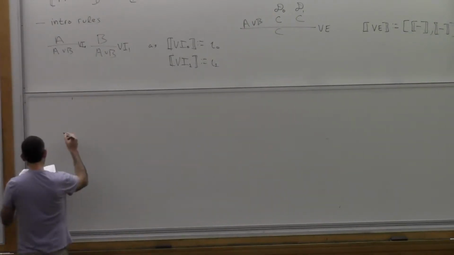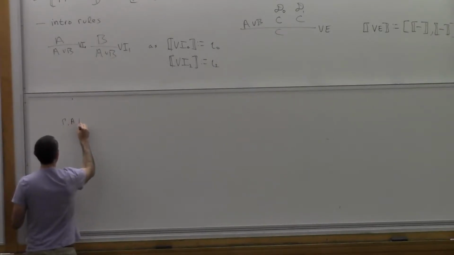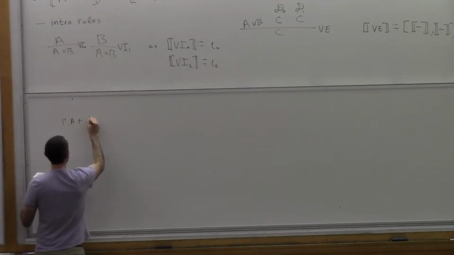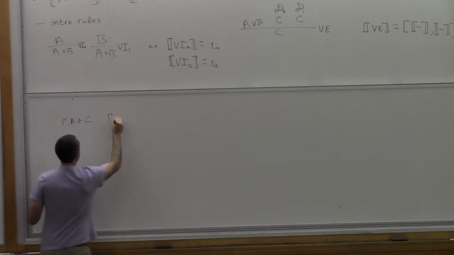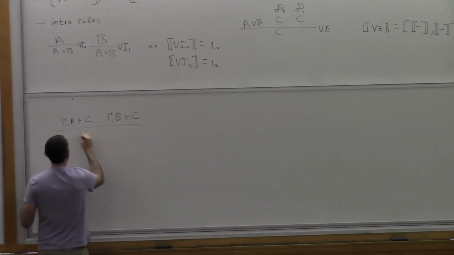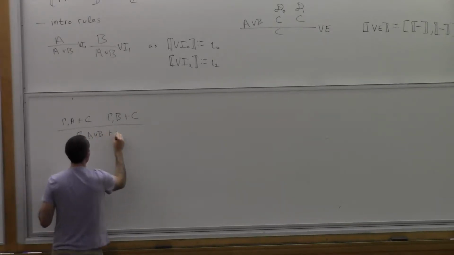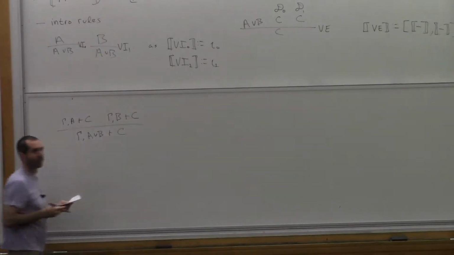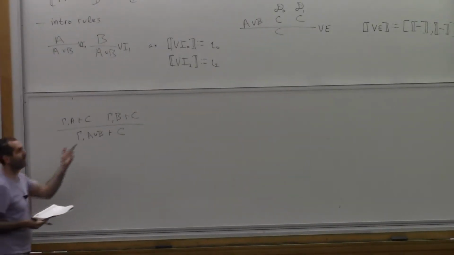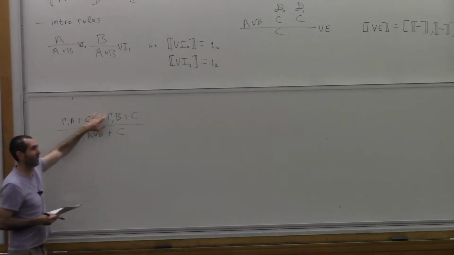So in the localized form, we have that from gamma together with A, we can infer C. And from gamma together with B, we can infer C. Then from gamma with A or B, we should be able to infer C. Right? That's the idea that we're trying to express here, except now I've made explicit the assumptions.